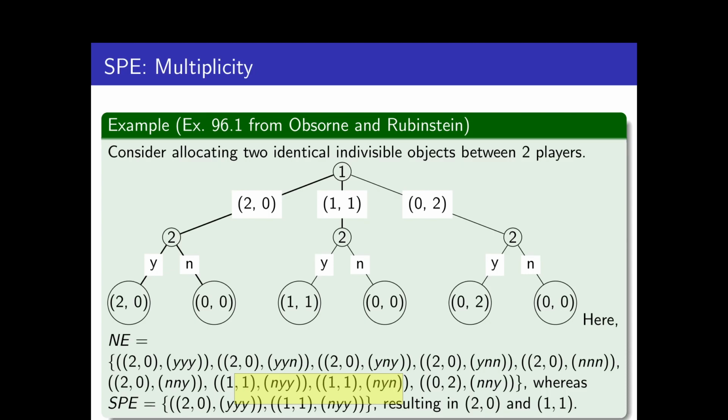Since player 2 needs to be optimum for anything that player 1 offers, player 2 has to be optimum for 1-1. It therefore may not reject 1-1. Otherwise, it would not be an optimum reaction of player 2. So the second option has to always get yes.